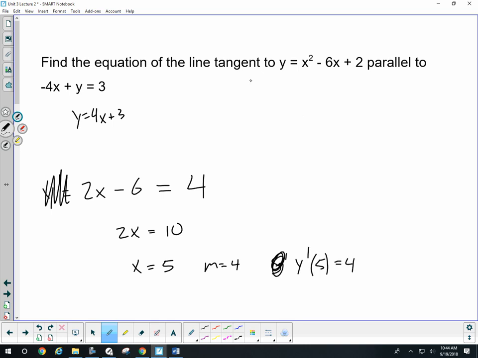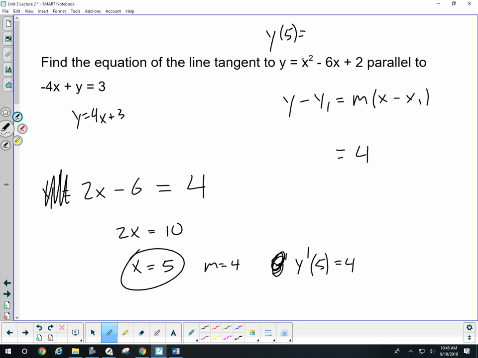So if I want an equation of a tangent line, we first understand that this is the form of a line with a point and a slope. I know that the slope is 4. All I need to do is find the location of this tangent line, the x-coordinate and the y-coordinate. I have the x-coordinate. The x-coordinate is 5. I will need to find the y-coordinate.